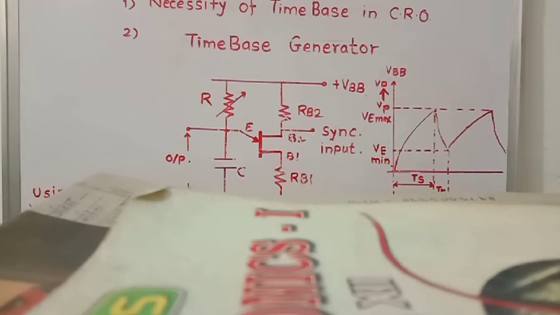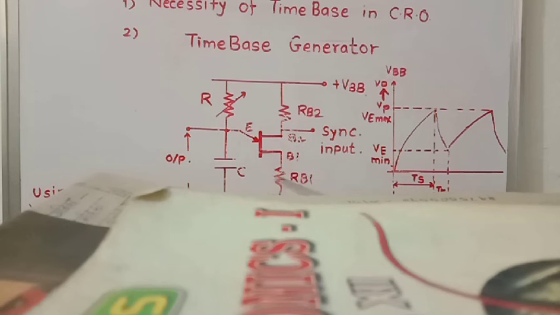Whenever the input voltage VE is less than eta VBB, the UJT remains cut off. But when the emitter voltage VE exceeds eta VBB, then the UJT is turned on, and the emitter to base 1 junction is forward biased.